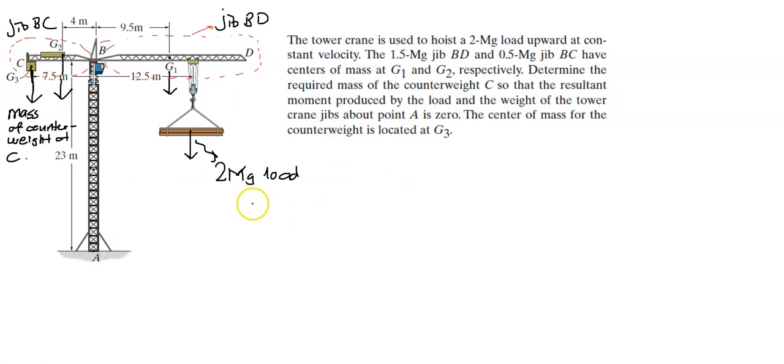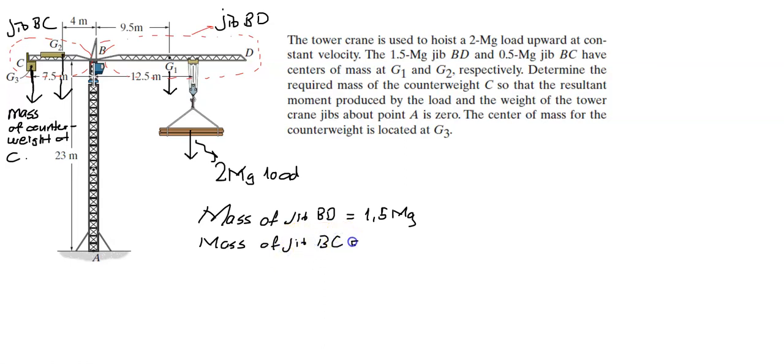So let's write down some values here. So mass of jib BD is equal to 1.5 megagrams. Mass of jib BC equals 0.5 megagrams, and we have our weight here, 2 megagram of load.